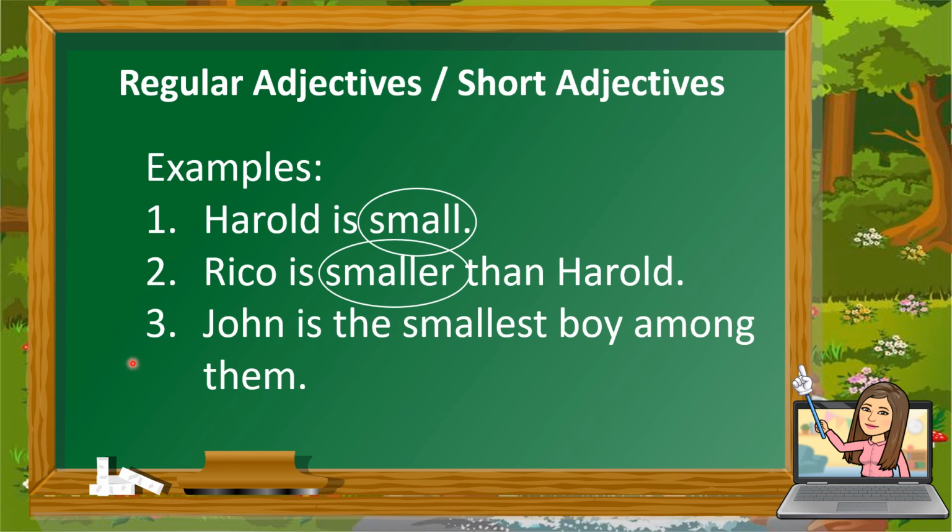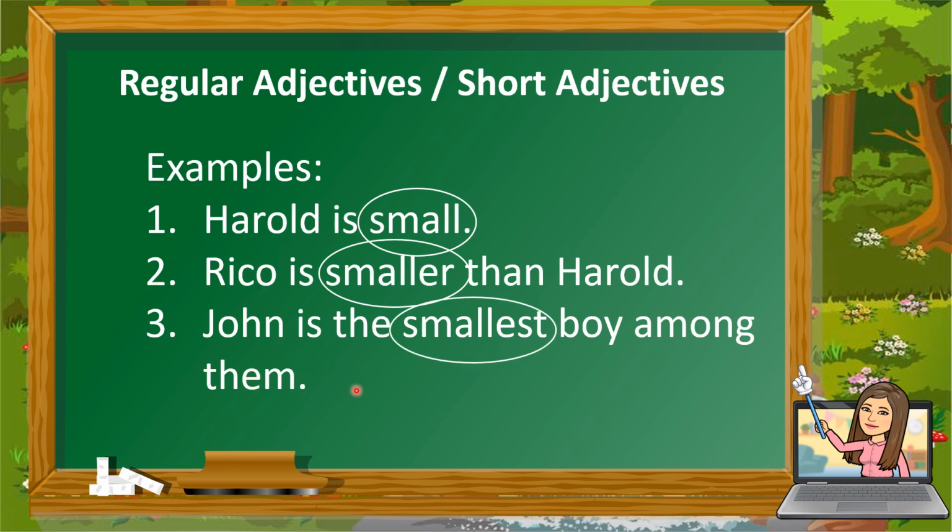Okay, next one, number 3. John is the smallest boy among them. All right, so meaning to say, in number 3, there are 3 persons to compare: Harold, Rico, and then John. Okay, so among them, John is the smallest boy.